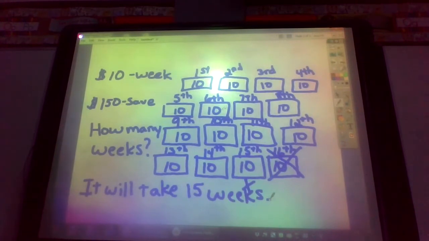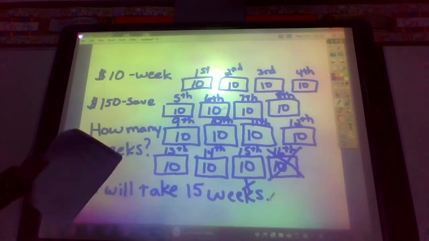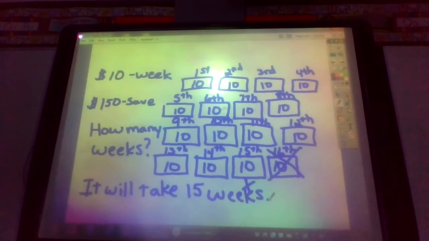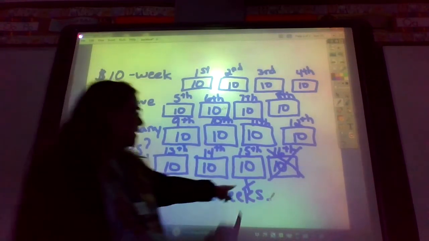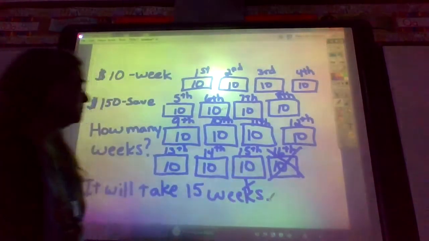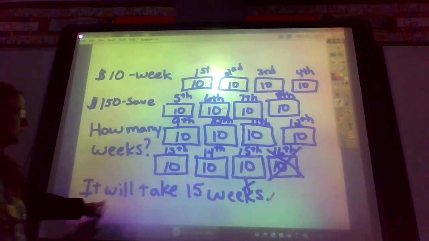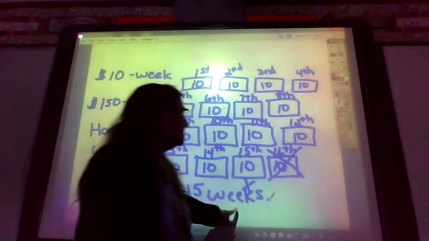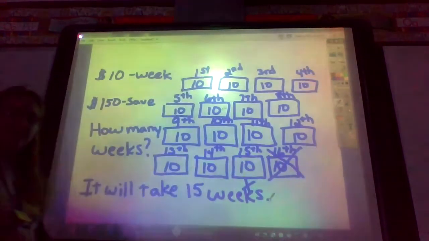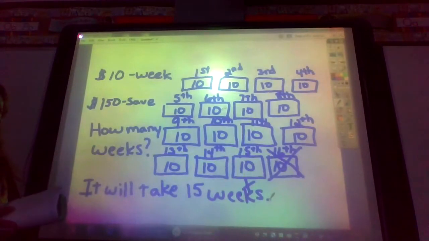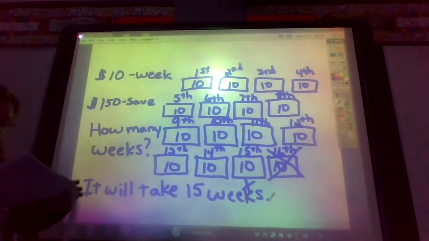We had to draw $10 bills, and I drew 4 at a time and counted until I got to the 15. Drew 1 extra, crossed it out. This was my answer. That's why I put my X, and then I wrote my sentence. It will take 15 weeks. Okay? And that is our application problem for today.